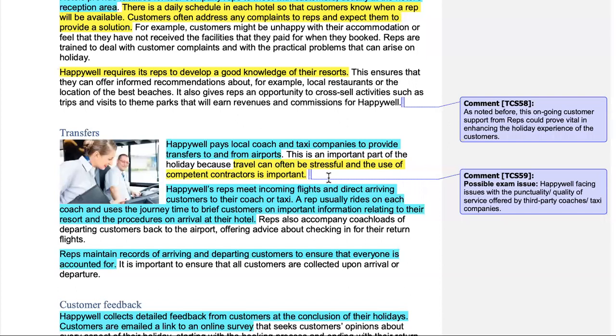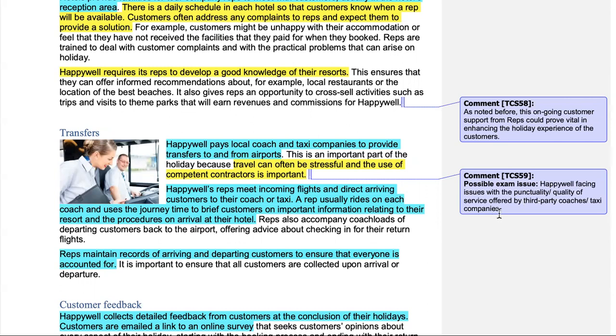So travel can be often stressful, and the use of competent contractors is therefore important. So when providing transfer related services, we are utilizing local coach and taxi companies. So we had outsourced this component of the business to a third party, right? So that's good. Without us handling it, it's better to outsource. However, we have to ensure that the quality is upheld, or else our customers will experience stressful service.